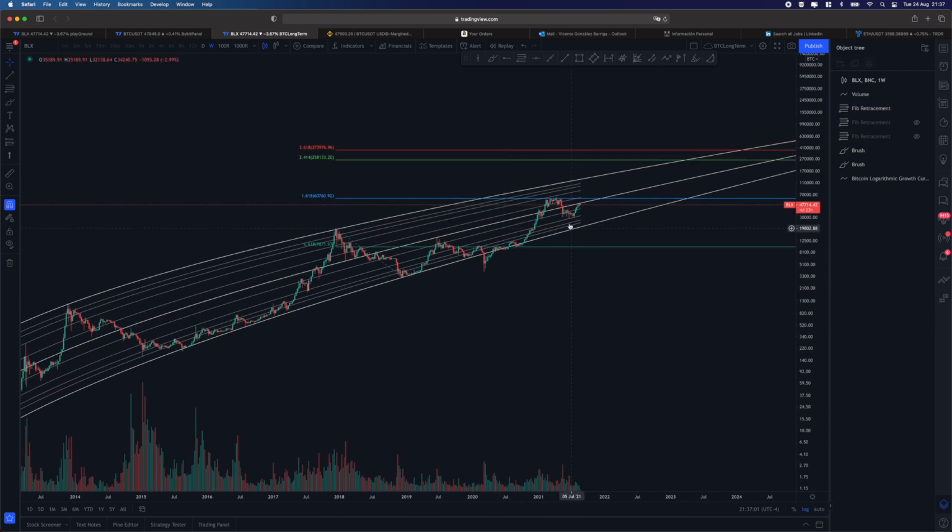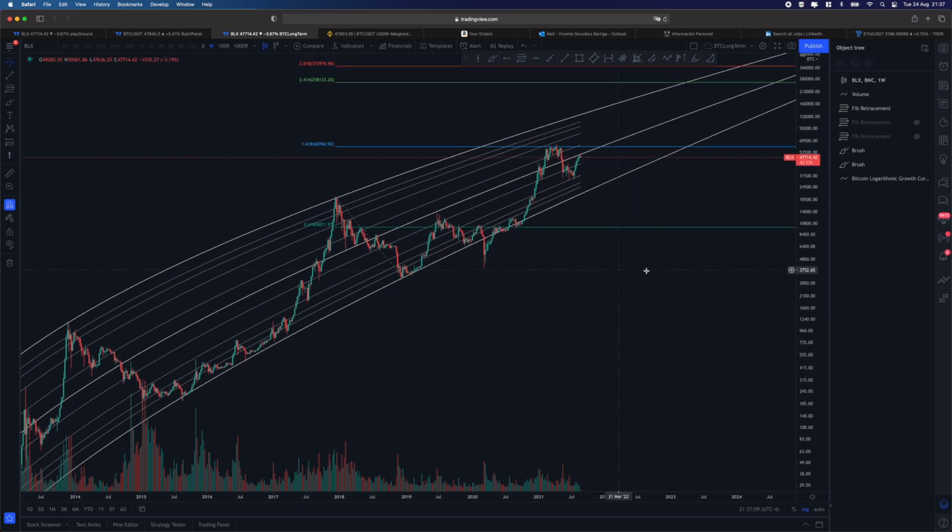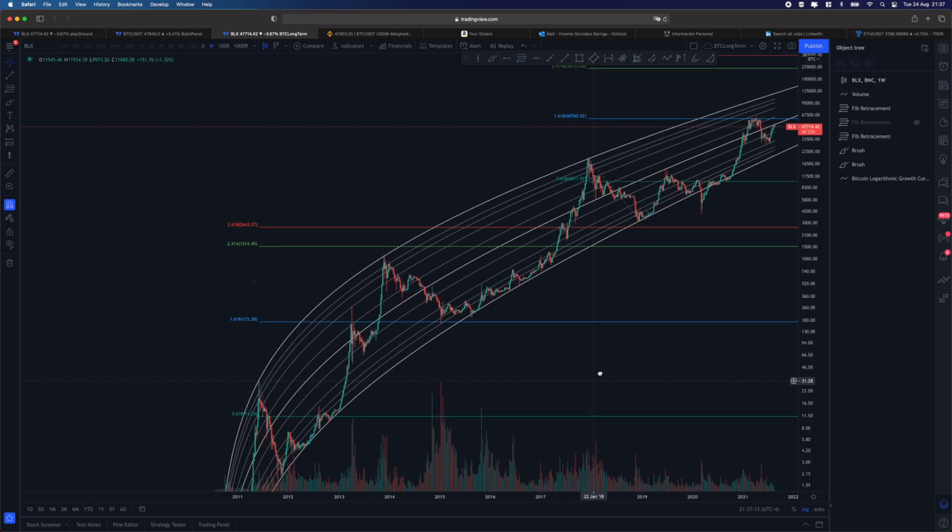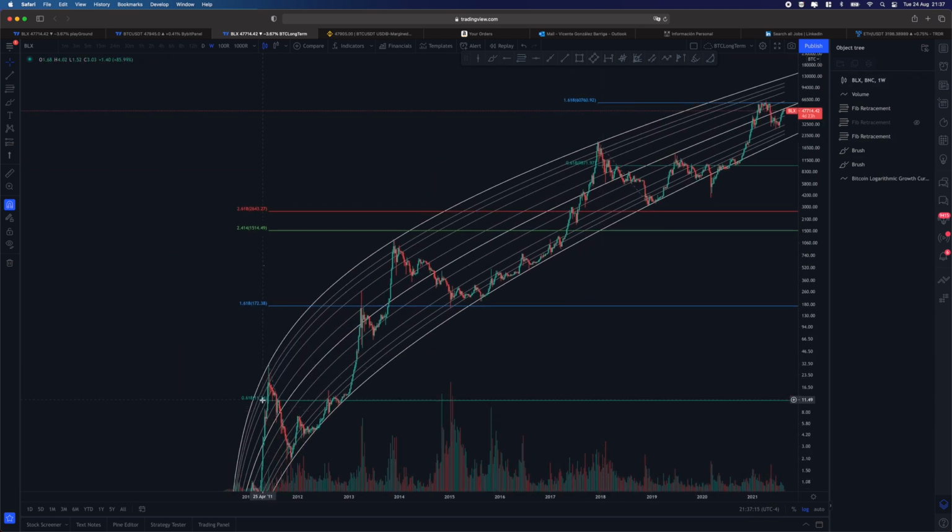We basically are having so much trouble at the 1.618 level that it makes me think this could be pretty similar to what we saw back in 2011 and 2015. The top was in 2013, but the bear market of this one was pretty long.